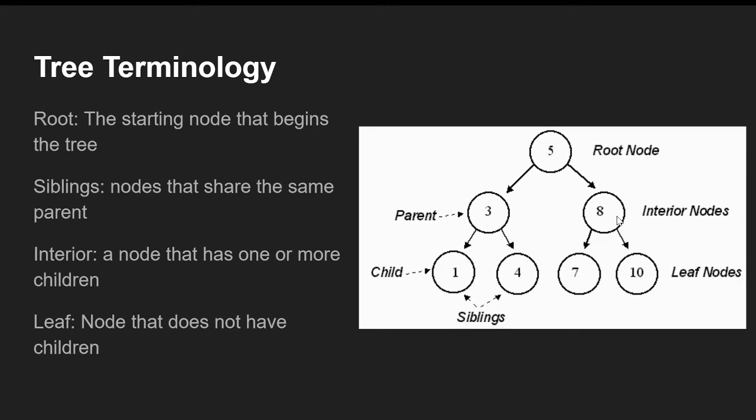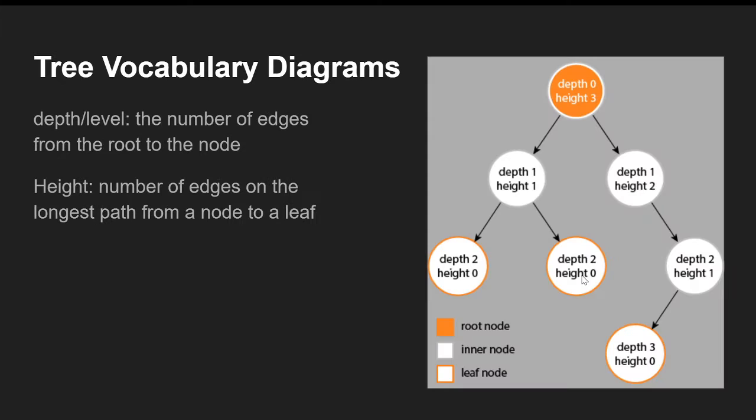It's not the root node, but it's in between the very bottom and the very top. So an interior node is a node that has one or more children, but it's not the root node. And then a leaf is a node at the very bottom, and this node does not have any children at all. This is why we call it a leaf, because it's the edge of the tree.